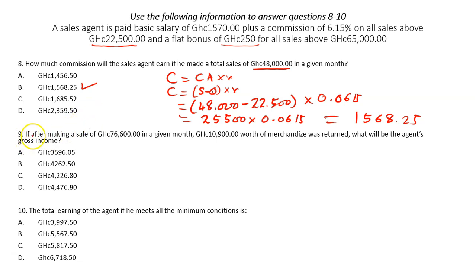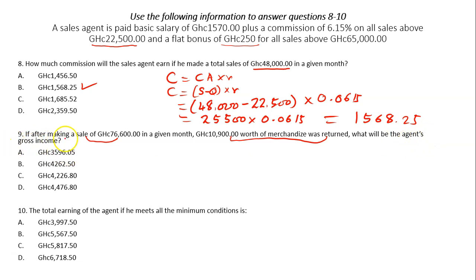Question 9 says, if after making a sale of 76,600 Ghana cedis in a given month, 10,900 worth of merchandise was returned, what will be the agent's gross income?